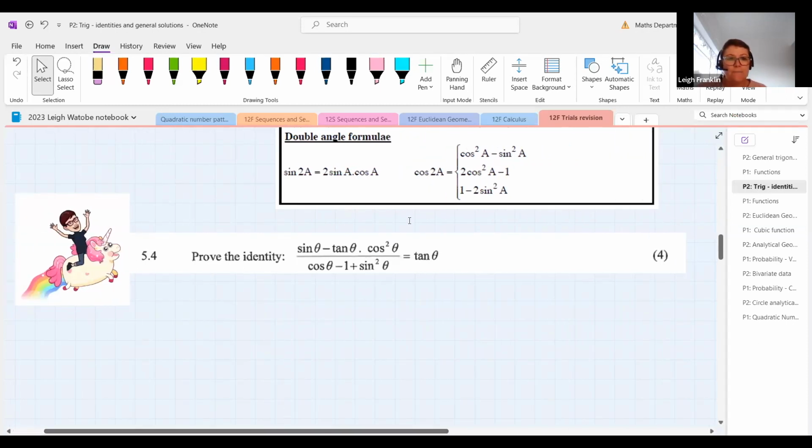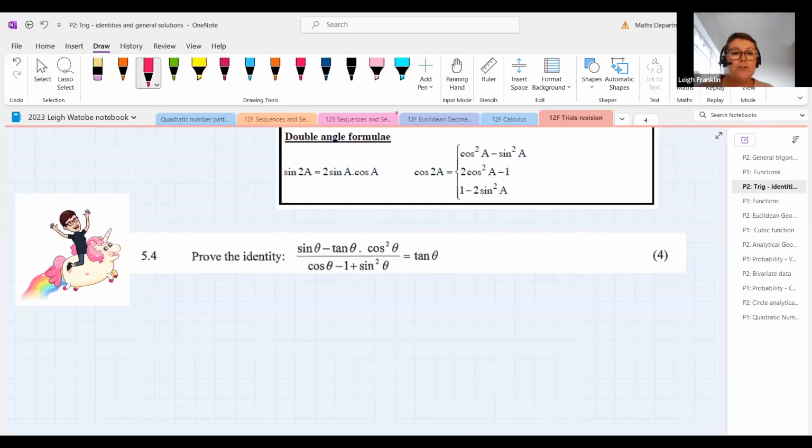Okie dokes. So they want us to prove the identity: sine theta minus tan theta times cos squared theta, over cos theta minus 1 plus sine squared theta, equals tan theta. Okay. So starting with the left-hand side again, let's get it down.